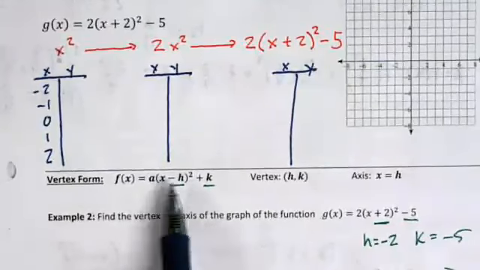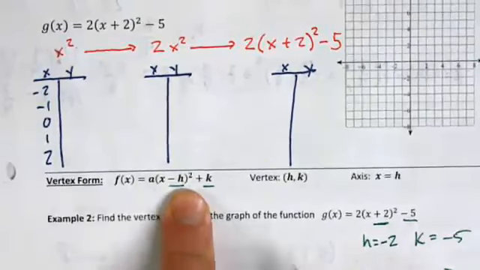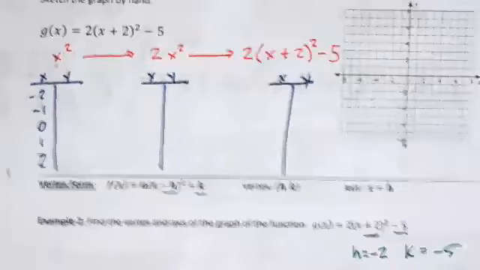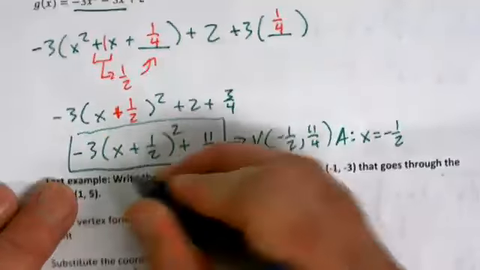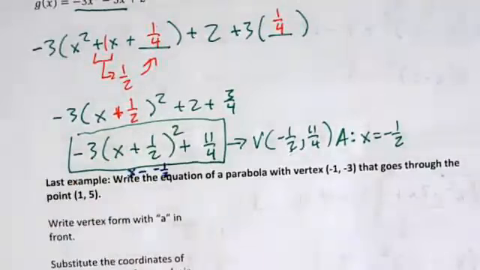Recall that it is x minus h in the format, and then the vertex is h comma k. Okay, so we have to make it say x minus h. So when I see this, I think of this as x minus -1/2. X plus 1/2 would be the same as x minus -1/2, right? Which means h would have to be negative.